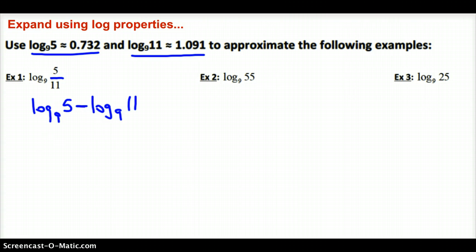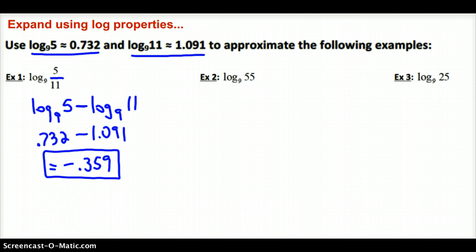Now I know I'm going to have 0.732 here and 1.091 here. When I calculate, I do get negative 0.359. So I have evaluated using a log property.